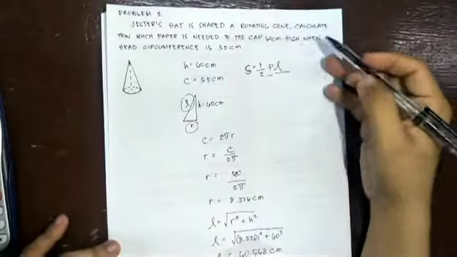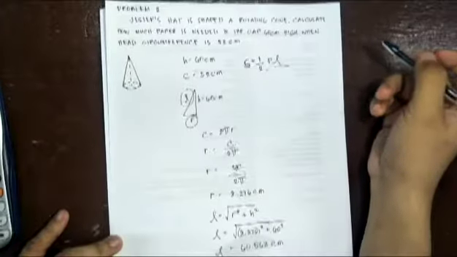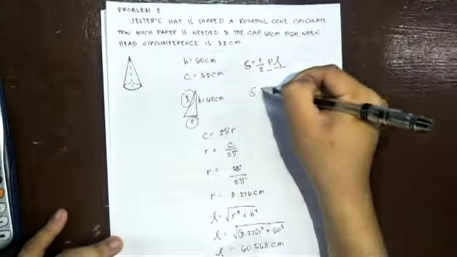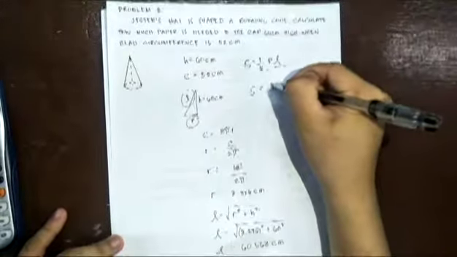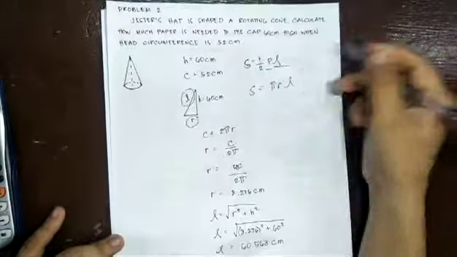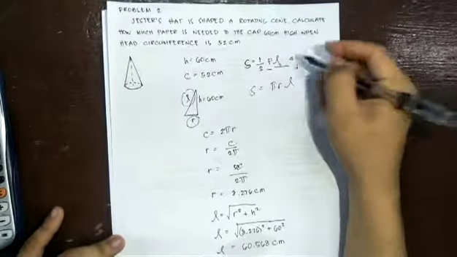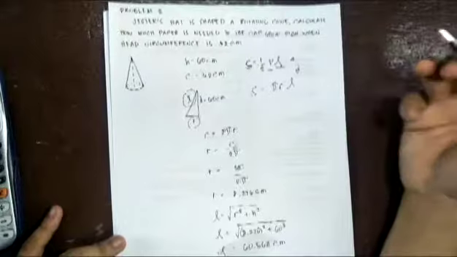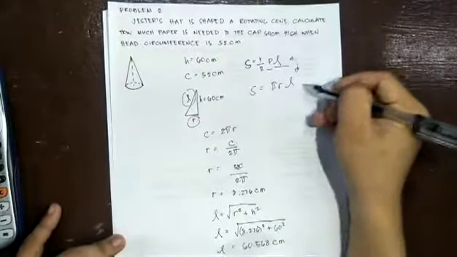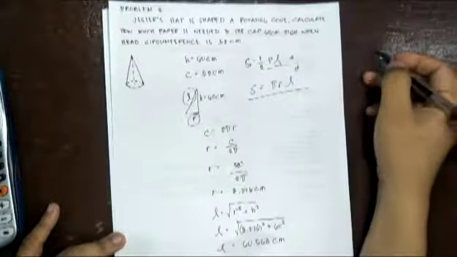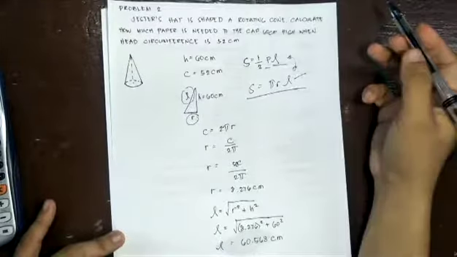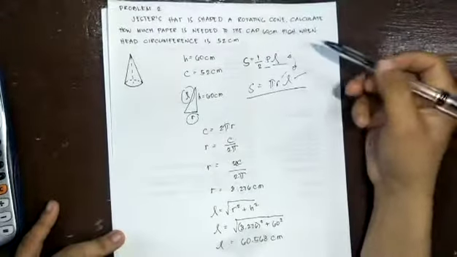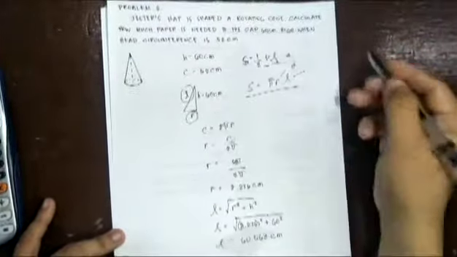And for the surface area, instead of using 1/2 times perimeter times slant height, we can also use the formula: surface area is equal to pi times radius times slant height. Either of these two formulas, we can still get the same answer. For this problem, we will use pi times radius times slant height.